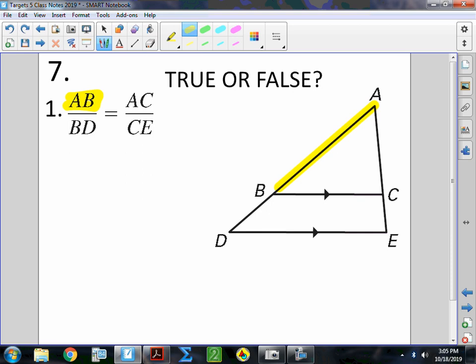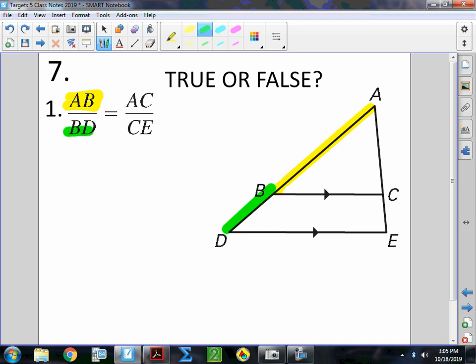AB is right there highlighted in yellow. AB is part of a small triangle. Okay, it's a side length, I should say. It's a side length of a small triangle. But AB is also part of a bigger segment. AB partners with BD to combine to make this big green and yellow segment AD.